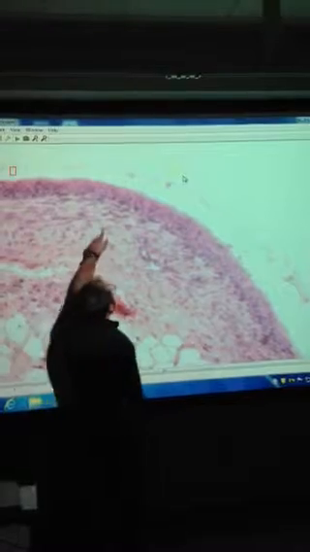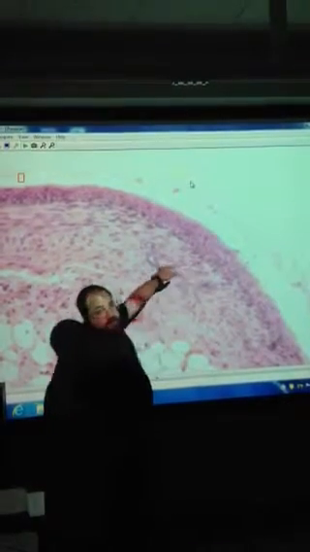Now, oh, and sure enough, since that's part of the calyx, we would expect this to be what kind of epithelium? Transitional epithelium. And it is, although you may not believe me from this particular section.